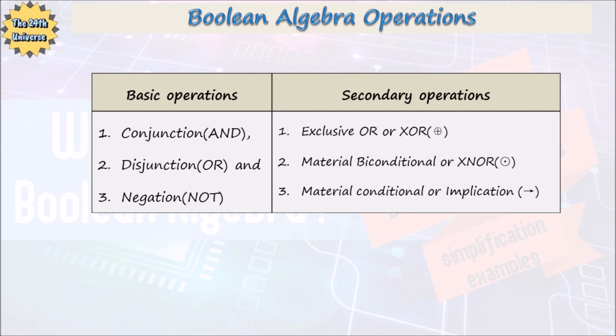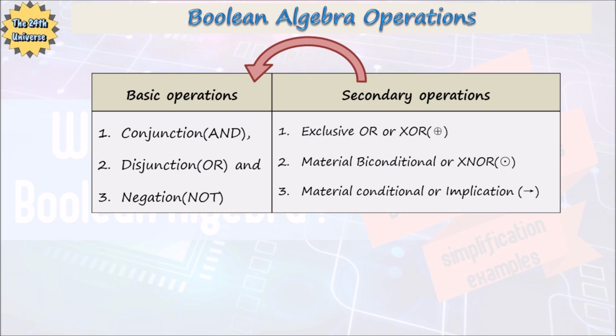Secondary operations: operations composed from the basic operations such as the exclusive or XOR, material biconditional or logical equivalent or XNOR, and material conditional or implication are called the secondary operations. Now let us discuss all these operations in detail.